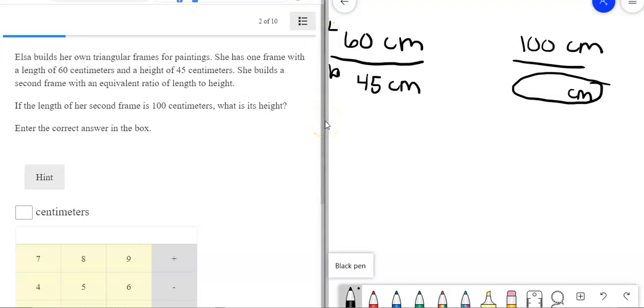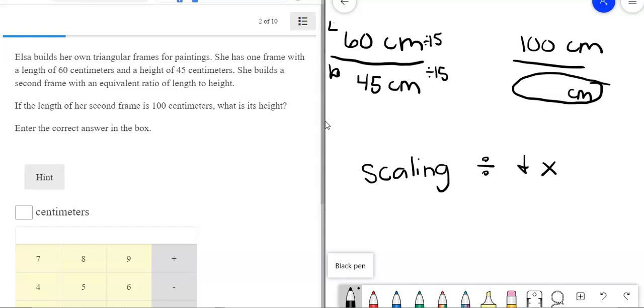This is called scaling. So I'm going to scale it down. I'm going to divide by a number, and then I'm going to multiply to get 100. A number that can go into both 60 and 45 is going to be, I'm going to go with 15.